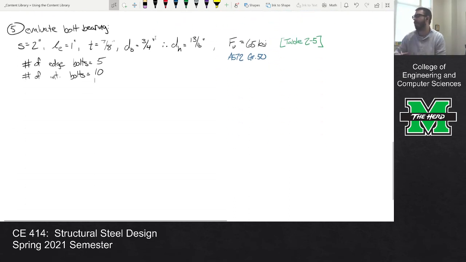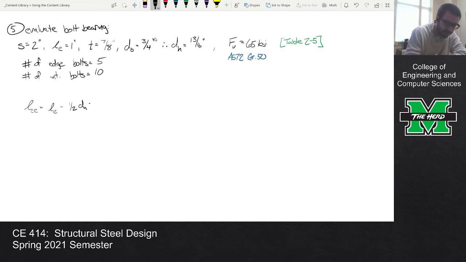So we can go through and kind of chug through our bolt bearing calculations. So let's see if we can do that quickly. By now, hopefully, I can do this pretty quickly and everybody's good with this. So we can do LCE, which is LE minus half a hole diameter, where we have 1 minus 0.5 times 13 over 16.